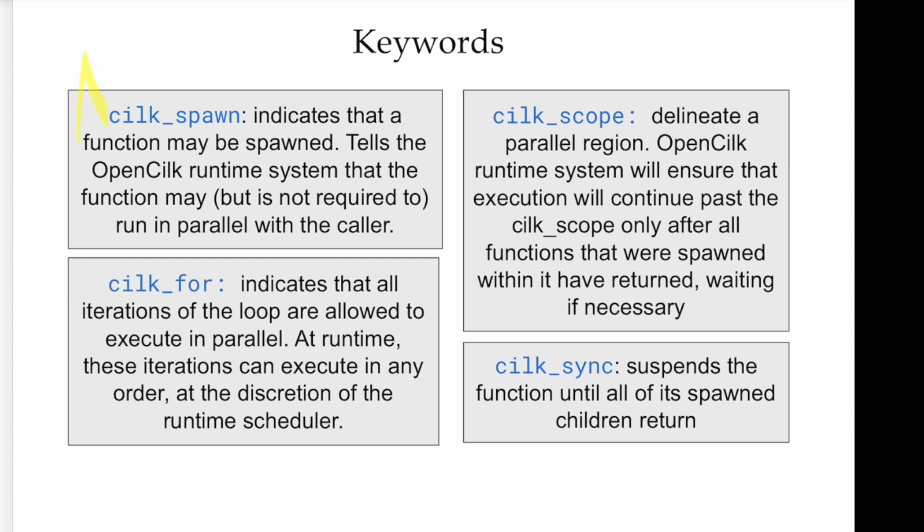The two bread and butter functions are cilk_spawn, which indicates that a function may be spawned, and cilk_sync, which halts the processing of the function until all of the spawned children return, and then the function returns. cilk_for indicates that all iterations of the loop are allowed to execute in parallel, and cilk_scope delineates a parallel region of the function where the runtime system will ensure that execution will continue past cilk_scope only after all functions are returned, and will wait if necessary.